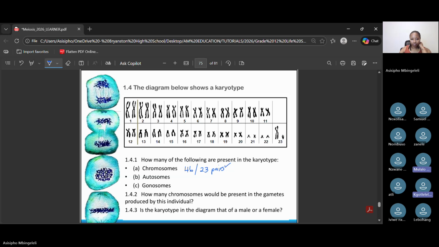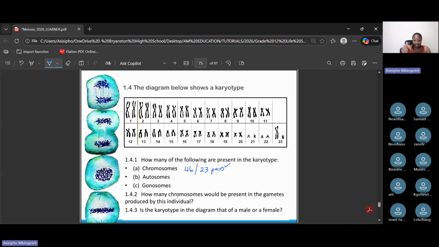So I was reading like, okay, I have to find gonosome, I have to find autosome, I have to find chromosome. I didn't include all of them. That's why I ended up with 20. Okay, so these are separate questions. It's just a matter of checking if we understand the terminology here.